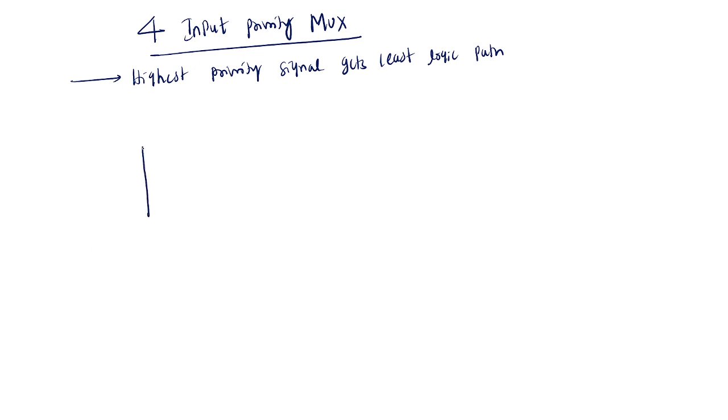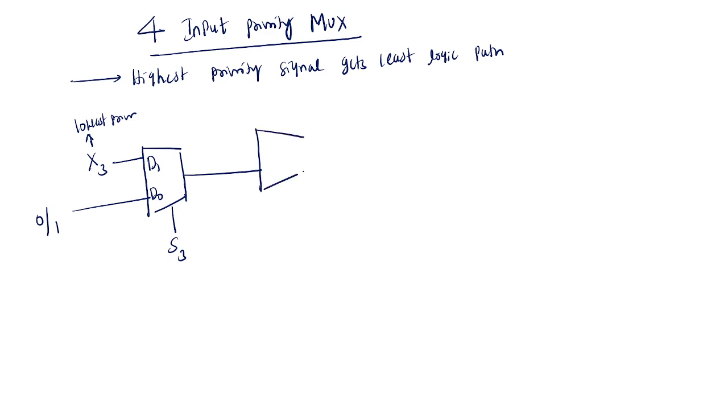Here this is one mux. Input is x3, which has the lowest priority, and this can be either 0 or 1. This has d1 and d naught, and select s3, and this output is given to one more mux.